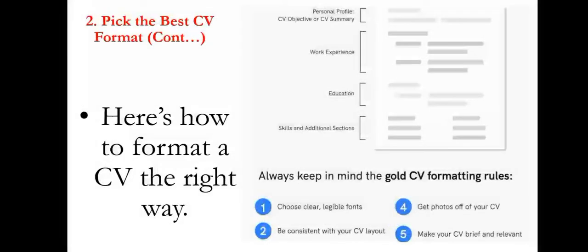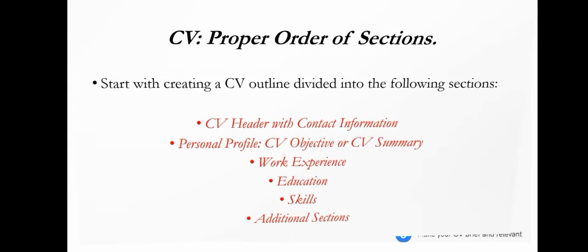What are these rules? The first one is to choose a clear, legible font. The second one is to be consistent with your layout. The third one, we're going to see later. The fourth one is that you should not include any kind of photo in your CV. And the last one is to make sure that your CV is brief and relevant.